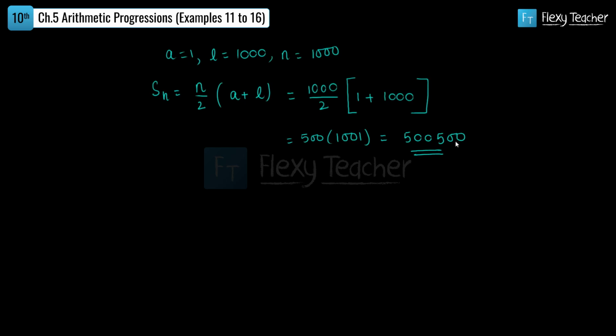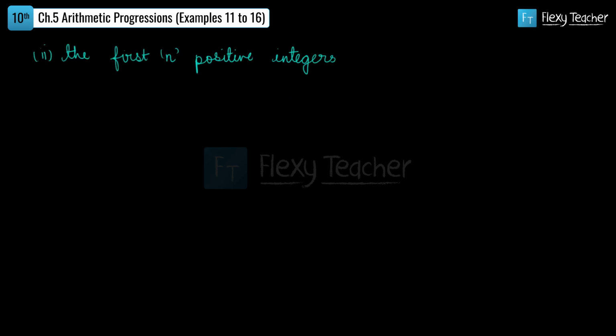Now let us take the next sum. Find the sum of the first n positive integers. Okay, so solution. Let the sum of the first n positive integers be given as Sn, and this would be equal to 1 plus 2 plus 3 plus 4 plus so on and so forth till the last number is n. Okay, so हमारे पास फॉर्मूला क्या है?